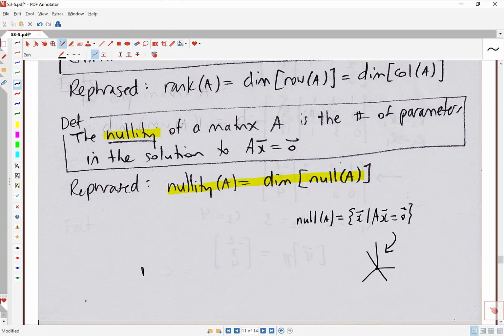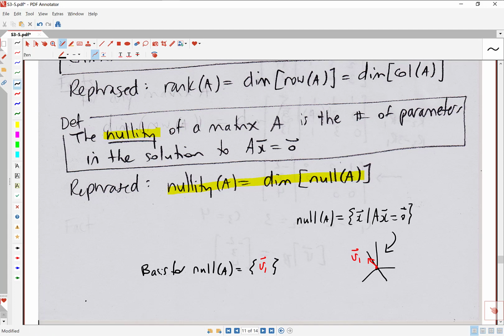A basis for the null space of A is a set of vectors that concisely describe your null space. Specifically, they have to span it and they have to be linearly independent. So in this example, it would just be a single vector. And informally, you can think of that as just being a direction vector for your null space.